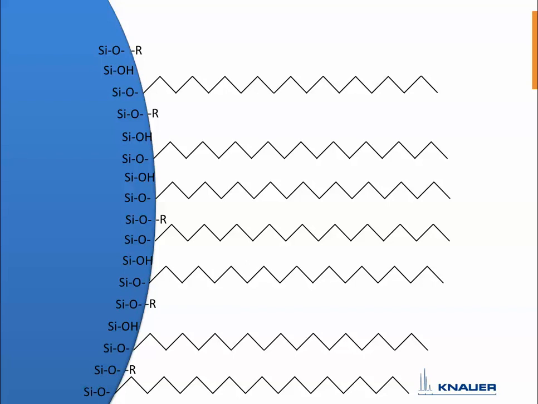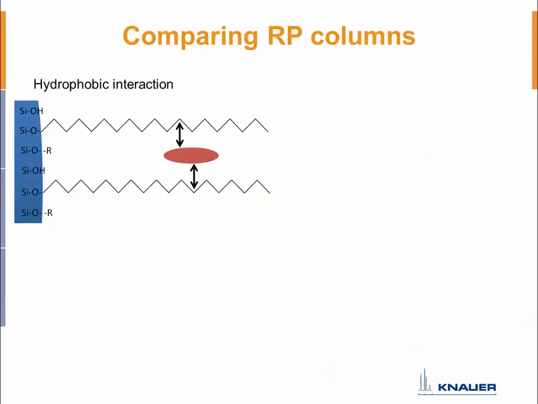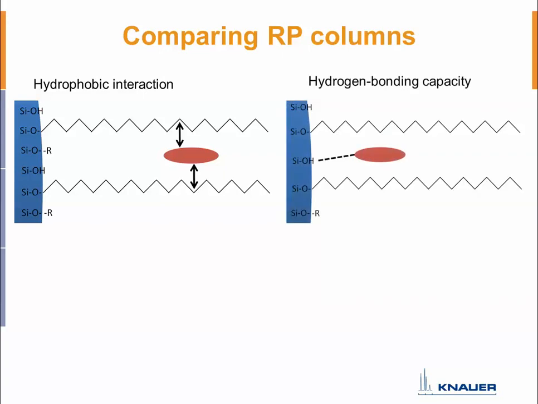But now if you look at the C18 column, how does the separation work? If you compare reversed phase columns, you have to keep in mind that there is always a hydrophobic interaction. This means the interaction of your analyte with a hydrophobic C18 chain. It can also be a different chain, but here, for example, it is the C18 chain. A second one is the hydrogen bonding capacity of your phase.